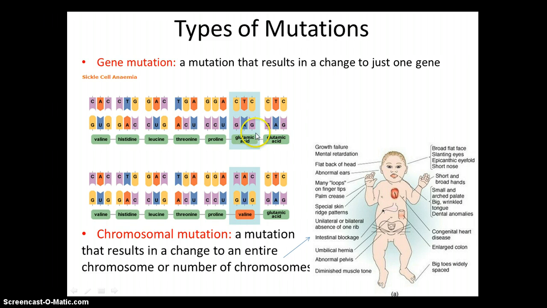In this particular point mutation, we've highlighted the mutated codon in blue, and a T changes to an A in the DNA, causing the mRNA to have a U instead of an A. So this codes for an entirely new amino acid. Glutamic acid is what should be there, and valine is the amino acid that gets translated if there is sickle cell anemia.